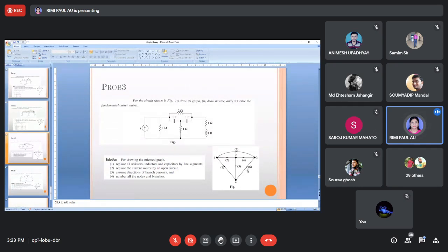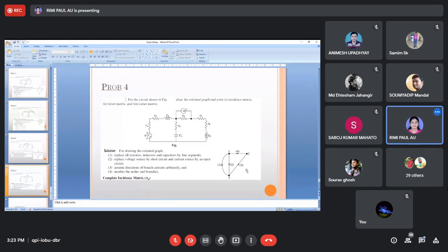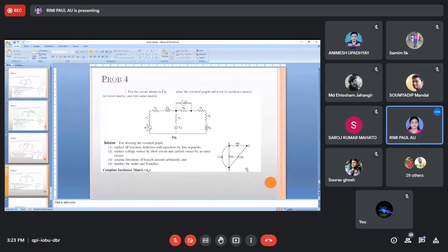You can change your direction, you will get another incidence matrix, but whatever is given just right now take it, and from this you will draw the incidence matrix. And then this circuit, from this you will write the incidence matrix. Okay, so up to this today is completed. Next day we'll solve the next portion.